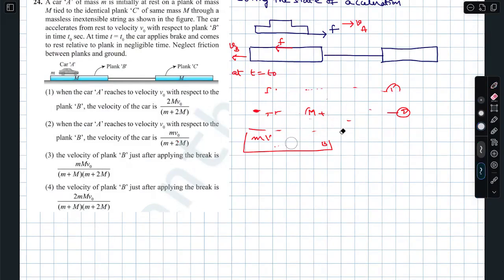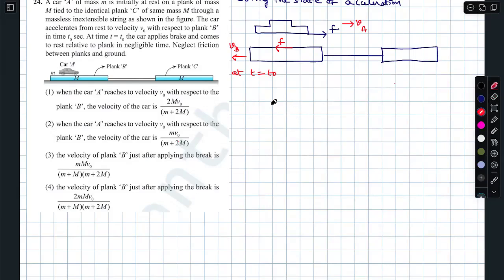In that case, this problem can be consolidated to a plank of mass 2 capital M and a man of mass small m. So the velocity of the plank is small m by small m plus 2 capital M times the velocity of the man with respect to the plank, because you said it is V naught with respect to the plank.